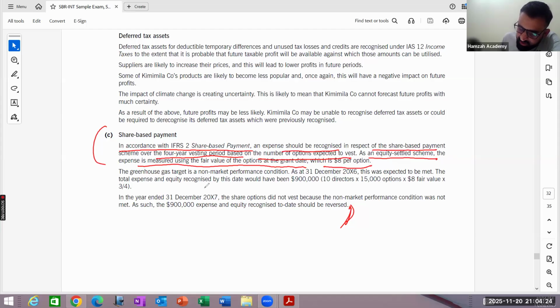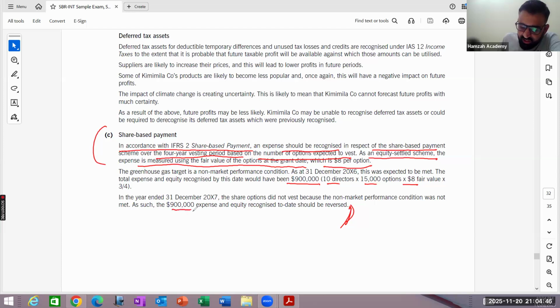The total expense and equity recognized is 9 lakh US dollars: 10 into 15,000 into 8 into 3 by 4. But in the year ended December X7, the option is not vested, the target is not fulfilled, and the non-market performance condition is not fulfilled.